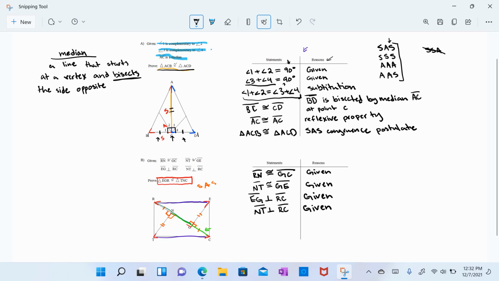We'll start by noting that this line is equal to line RN plus NG equals RG. And we know that line GC plus NG is equal to line NC.